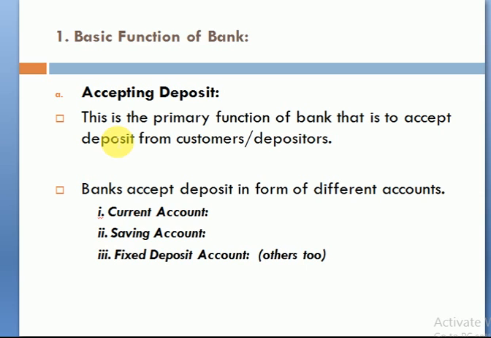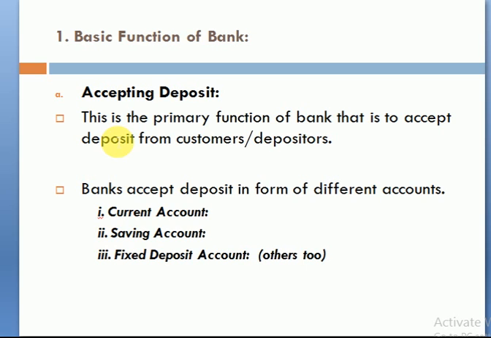A current account is an account in which the bank does not offer interest to its customer, the depositor, neither do the depositors demand interest. This is also called demand deposits. What does it mean?